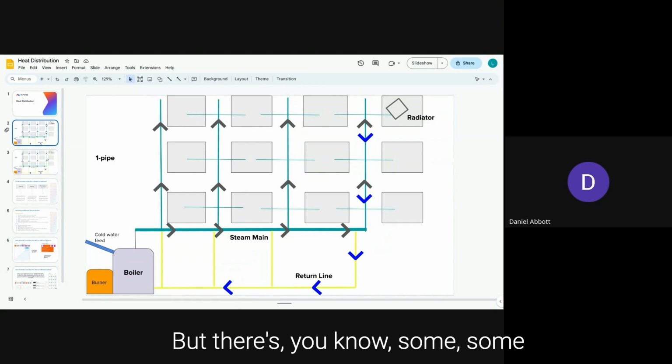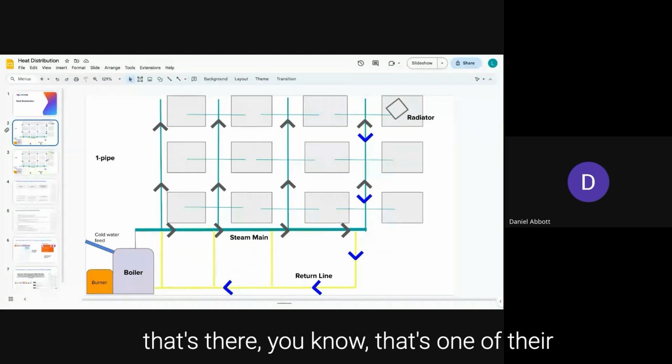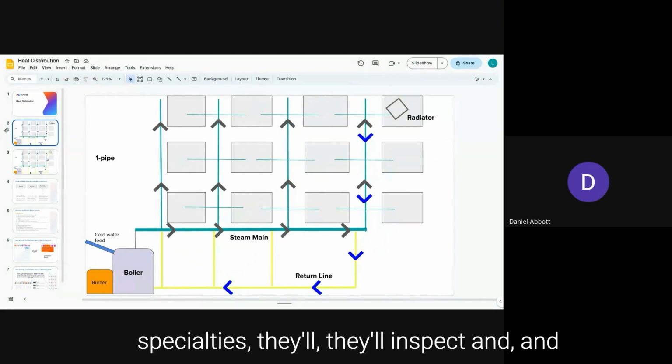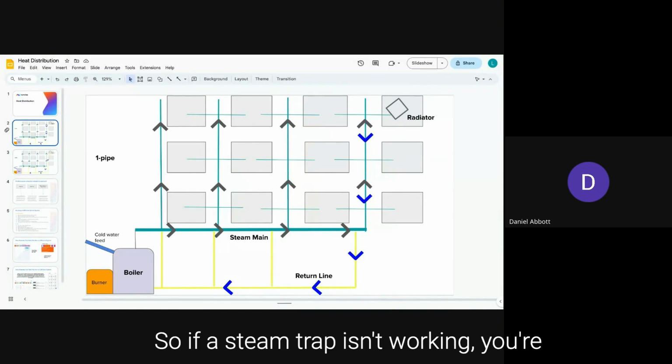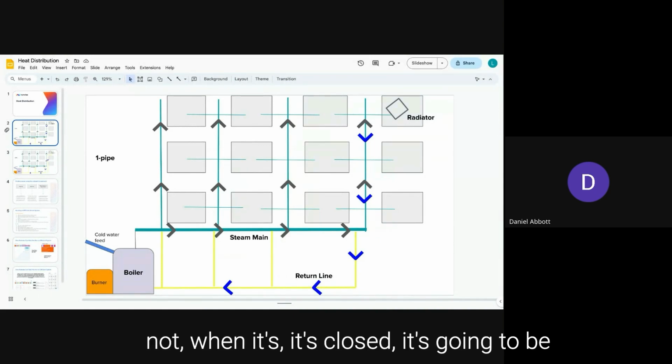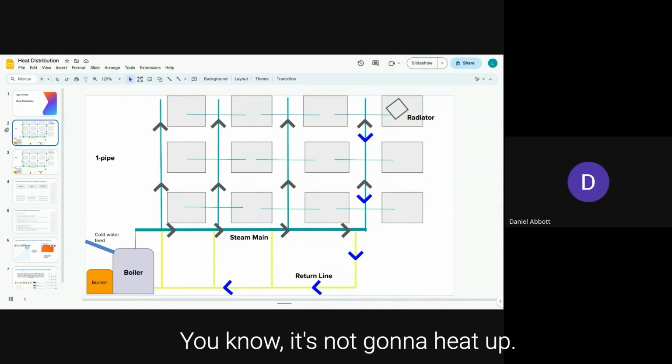But some companies do service steam traps, so there are vendors out there where that's one of their specialties. They'll inspect and replace steam traps that aren't working. If a steam trap isn't working and it's closed, it's going to be apparent because the radiator is not going to heat up.